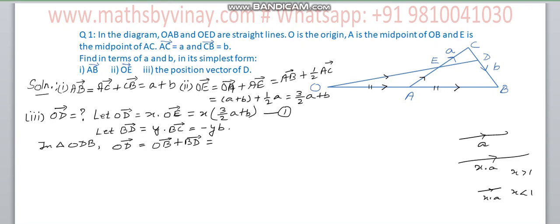OD equals OB plus BD. The value of OB is known to us, it is twice of a plus b. And the value of BD we have just found, it is minus y b. So this could be written as twice of a plus twice of b minus y b, and if we rearrange, we can say twice of a plus 2 minus y times b.